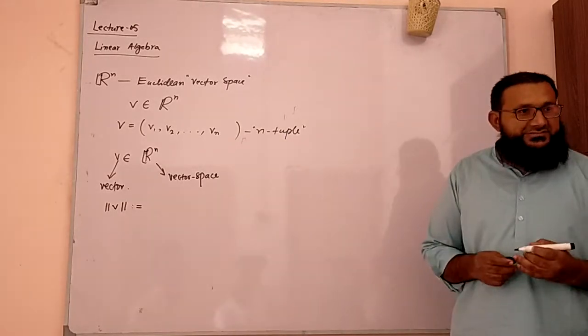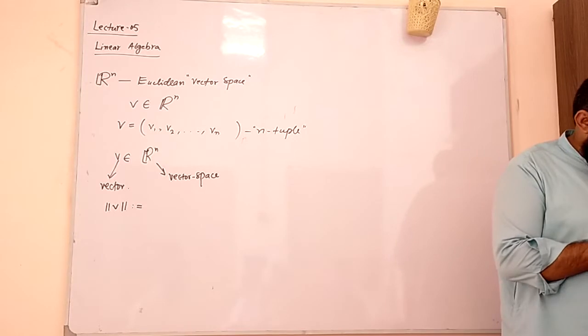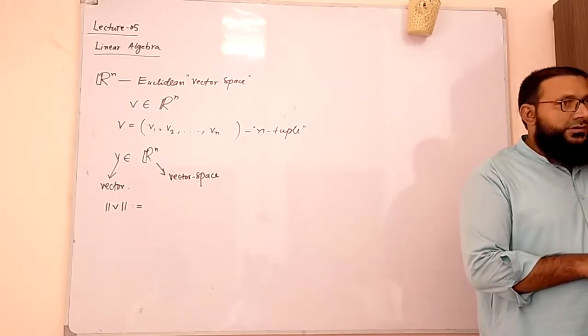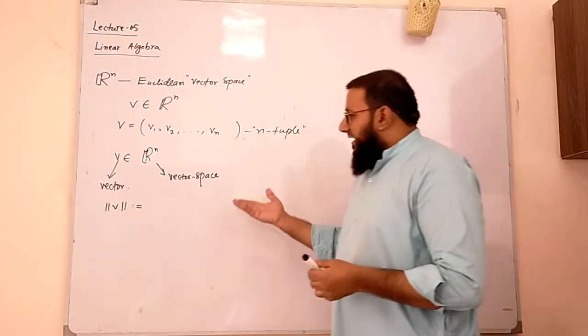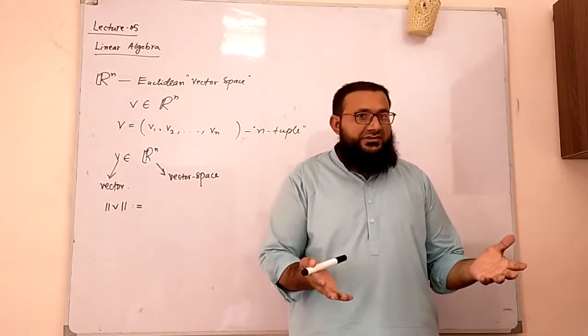What is the difference? Why a single line and why 2 lines? In R1, R2, R3, even in Rn, the single line will work because we know very well what we mean by the length of a vector.